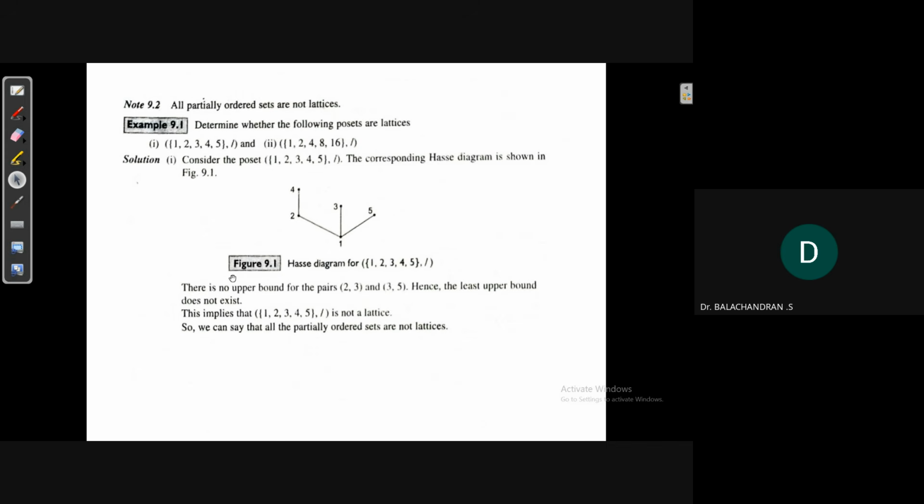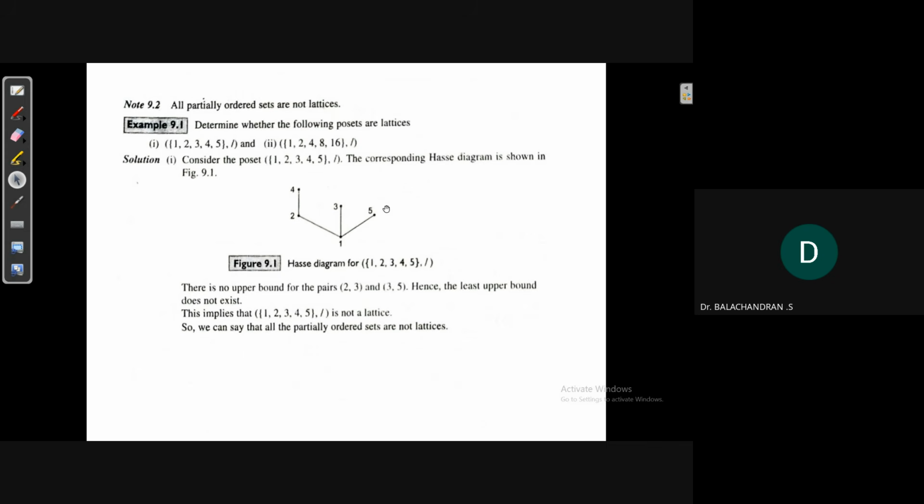Okay. If you want to show that it is a lattice, then for any two elements, the least upper bound should exist. Similarly, the greatest lower bound should exist. For 2 and 3, there is no upper bound, and hence no least upper bound.